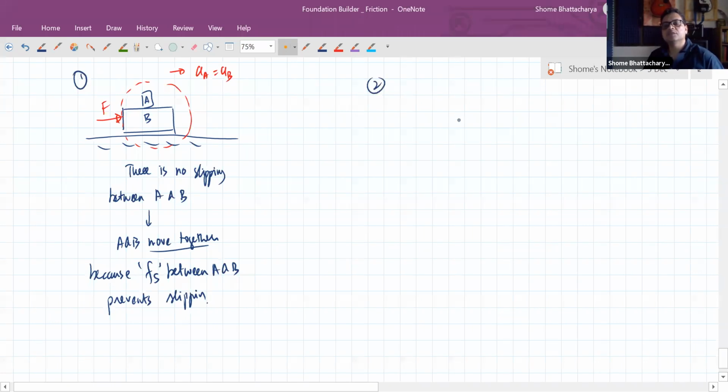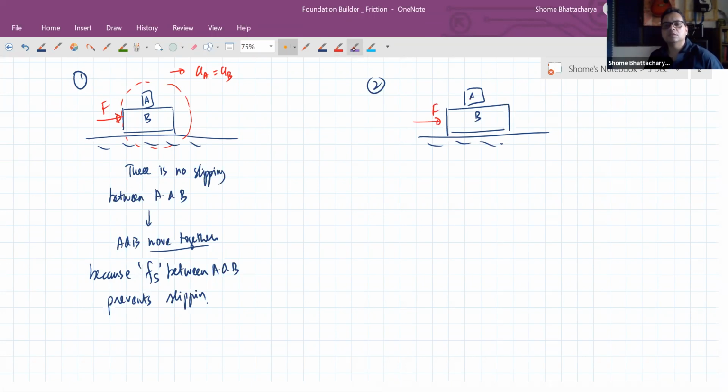Or the second case which is possible is that because enough friction is not available to us, what is happening is when we are applying this force, B starts to slip from under A. So B has an acceleration which is greater than A's acceleration. A will also accelerate because friction will act on it. Okay.